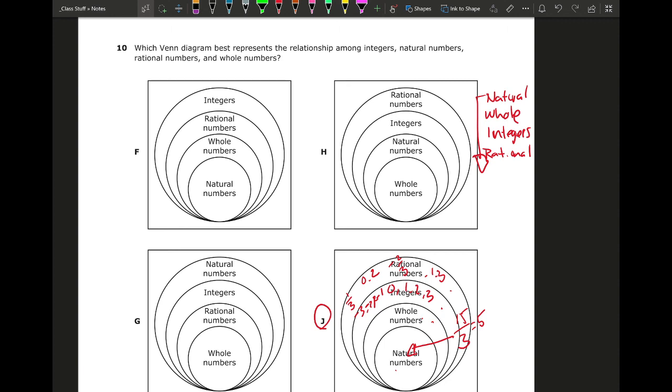And then you have the rational numbers, which include everything before. You also have terminating and repeating decimals and fractions. So if you have 0.3, not there. Yes, you can have 2/3, because this is 0.66666 repeating, right? It repeats. You can have something like 0.232323, because it's still repeating, with the period right there, 0.23 repeating.